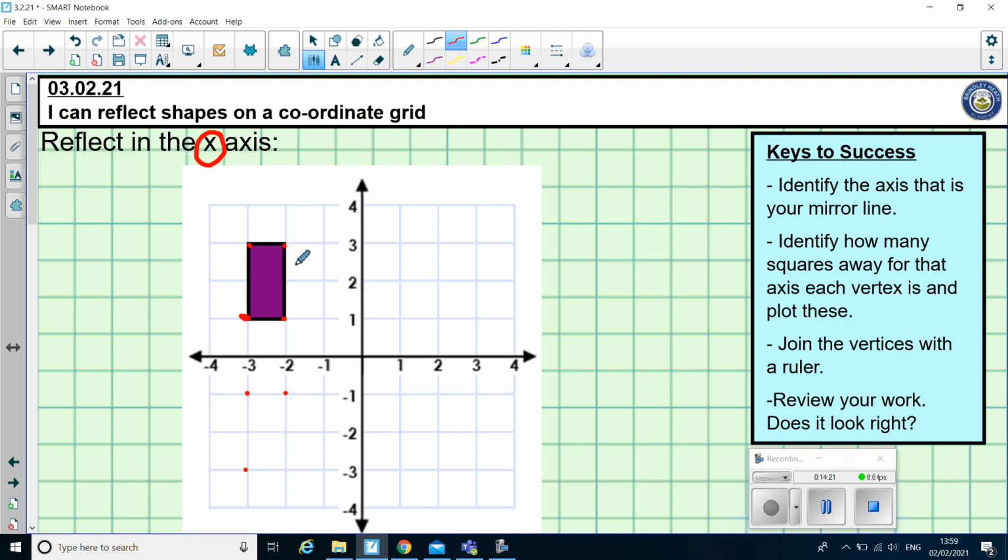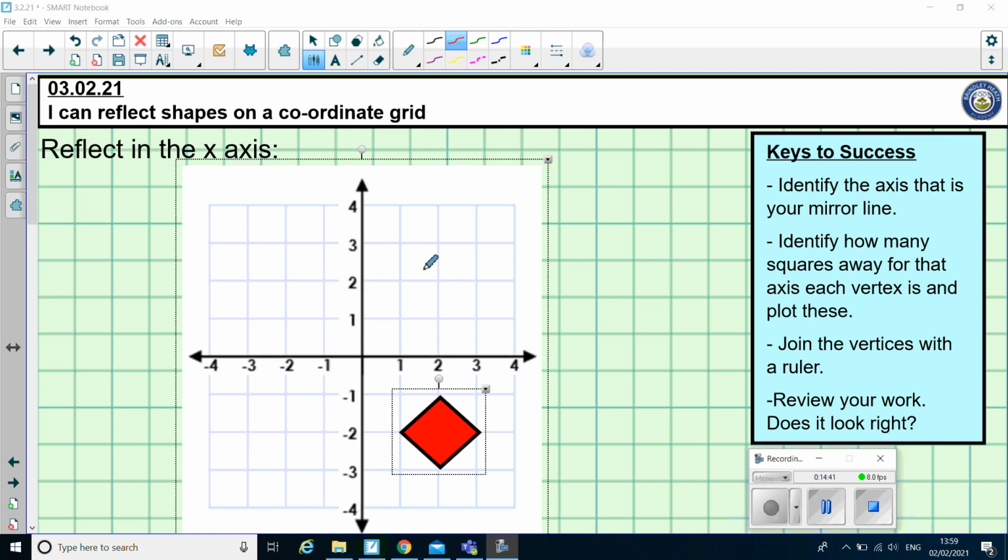Same with this one, it's 3 squares away, so it's going to be 3 squares away in my reflection. Okay, join them together and then have a look at the shape. Does it look right or not?